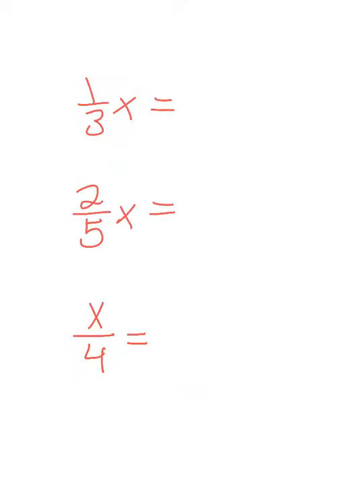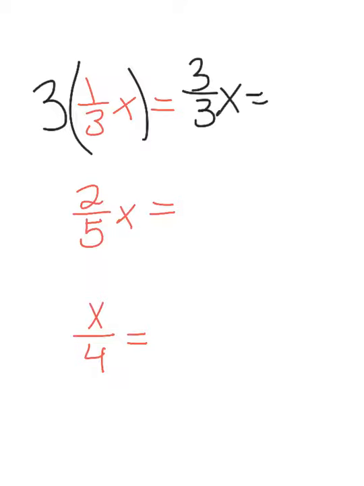Fractions are a little bit more of a review for us. For the first one, I need to get rid of my denominator of 3, so I can multiply it by 3, which gives me 3 over 3x, which gives me my 1x. For the second one, I'm going to have to multiply everything by 5.